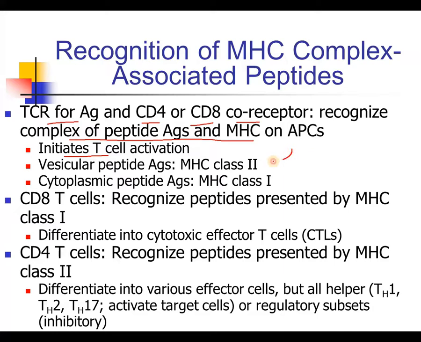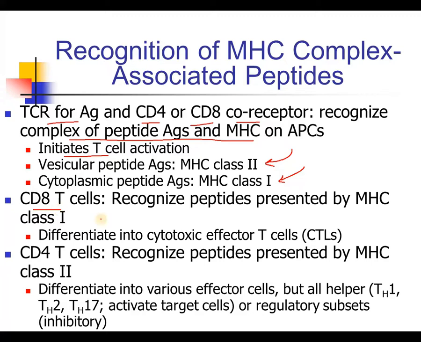Remember that any peptides that are processed from the vesicular system are going to be presented on MHC class 2 to a CD4 positive T cell, and any peptides coming from the cytoplasm will be processed appropriately and presented on MHC class 1 on the antigen presenting cell.